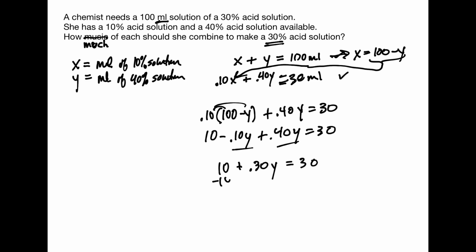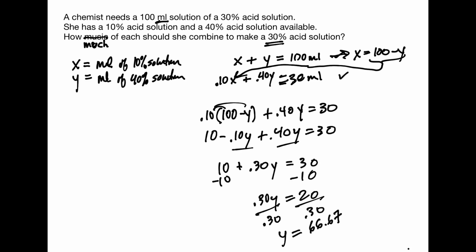And then we subtract 10 on both sides, getting my variable term by itself. And now we divide both sides by 0.30. Y is then equal to 66.67. So what is that? That's 66.67 milliliters of the 40% solution.